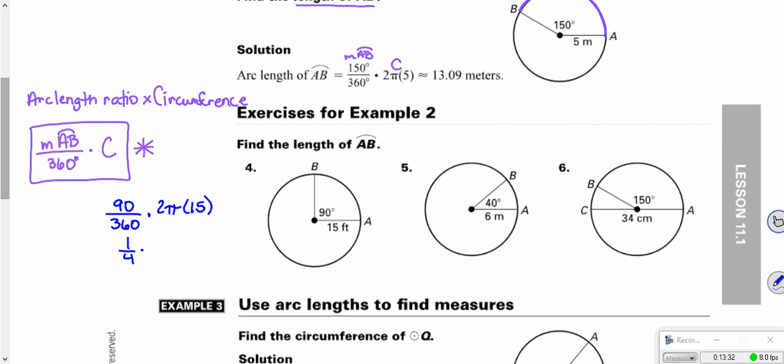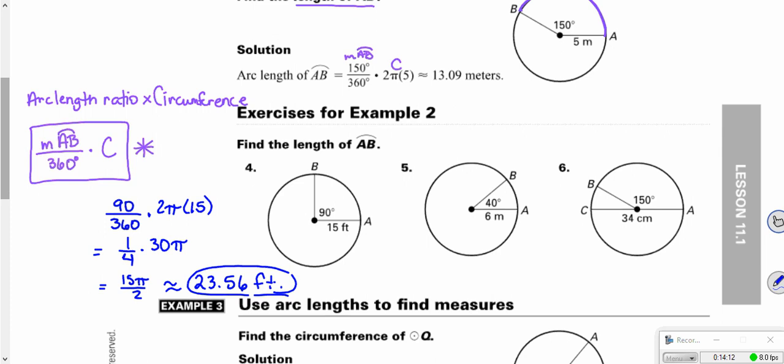1/4 times 30 pi, which is 9 pi, no, sorry, 15 pi, it's like Monday to me or something. 15 pi over 2, that would be the exact answer, but that is approximately 23.56, and again, we were measuring in feet.